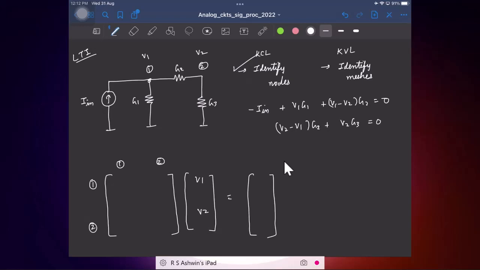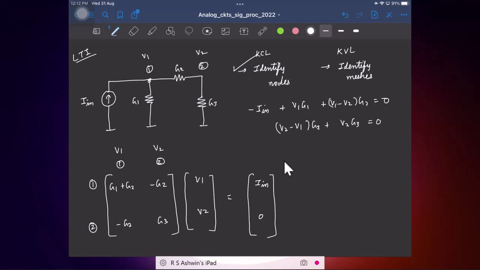So this is basically the voltage V1 and voltage V2. Quickly tell me what the entries are for the matrix. Here it's G1 plus G2, here minus G2, minus G2, G3, and here I have just I in, 0.